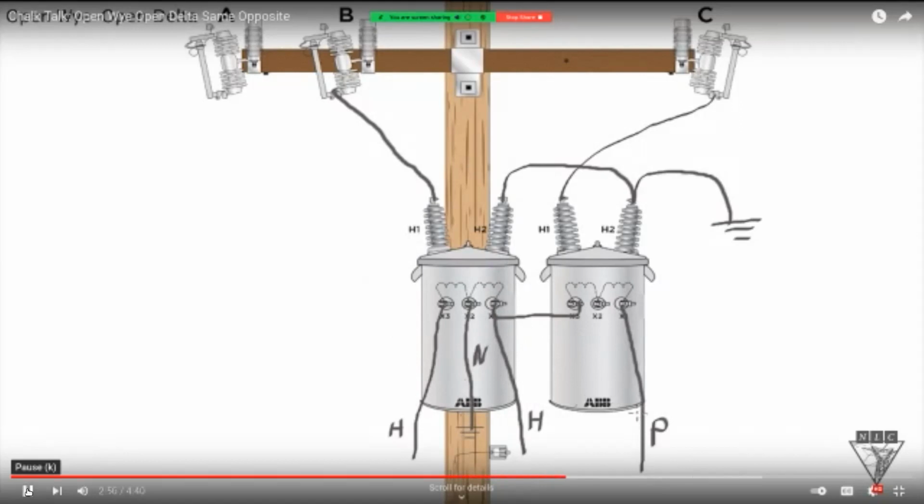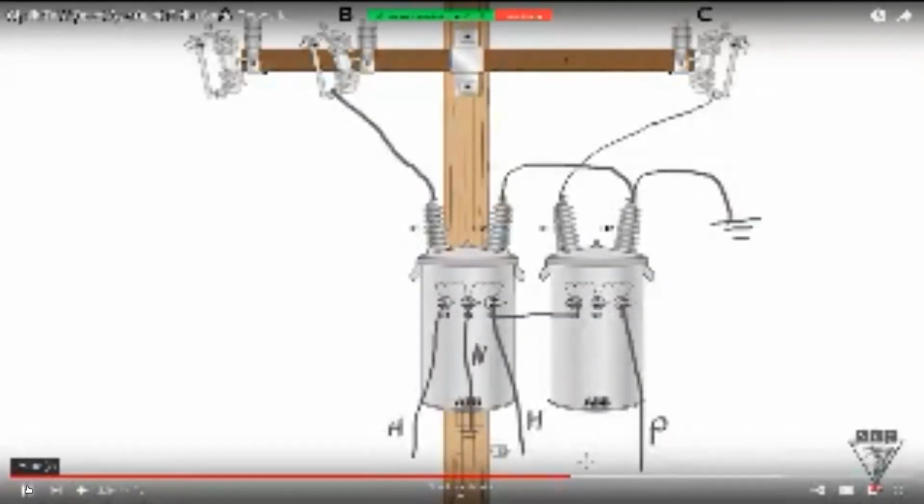You do not want to run the power leg to the home because then you'll be sending too much voltage into the home and you could burn up the electronics, like TVs, computers, things of that sort. So you want to make sure that you identify what your power leg is and only use the power leg for the 3-phase load. For the single phase load, you want to utilize your 2 hot legs and the neutral.